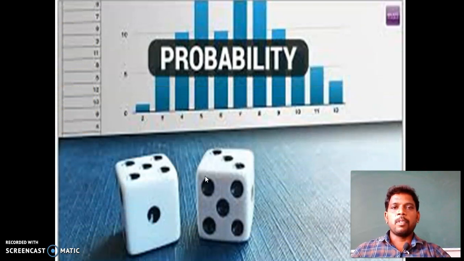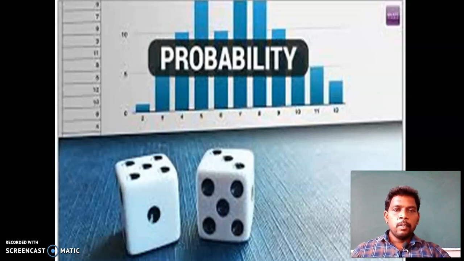Today we are going to recap some definitions first on probabilities, and then we are going to enter today's session. Let us start with the basic concepts. The title is probability. As I told earlier, probability is the chance of getting something.